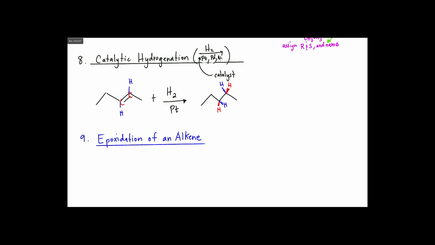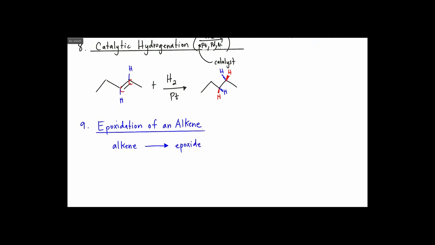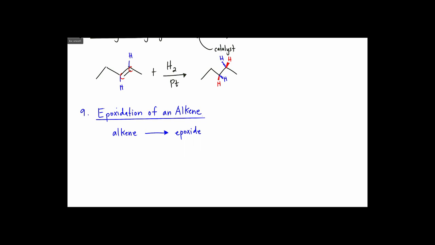We're going to start with an alkene. And we're going to make an epoxide. Okay. Now we're going to use the reagent peroxy acid. So a peroxy acid has the functional group RC double bond O, bonded to O and H. This extra oxygen makes it a per.